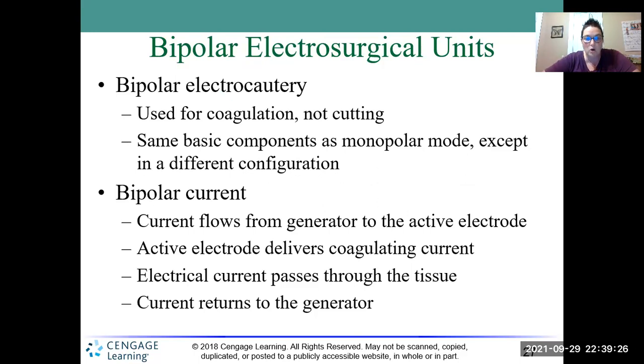And then that bipolar current, this is the flow coming from the generator to that active electrode. The electricity delivers the coagulating current. That current passes through the tissue, and then the current returns to the generator.